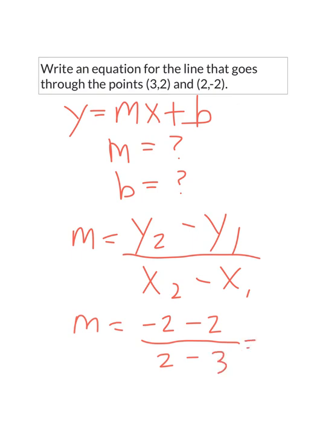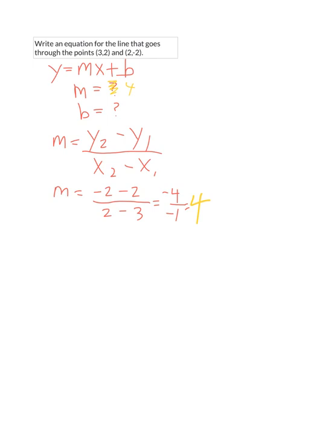All right. So -2 minus 2 is -4. 2 minus 3 is -1. So the slope then is equal to +4. All right, so I figured that much out. So I'm going to cross out that and put in 4. The slope is 4.